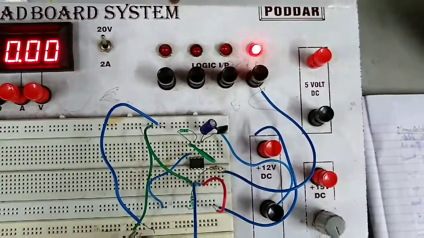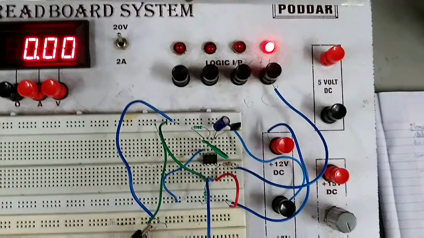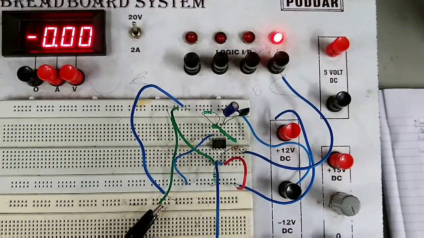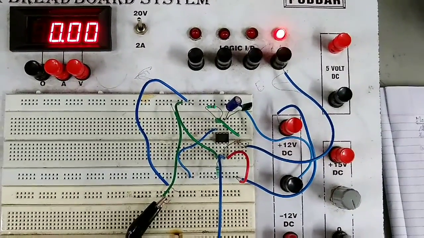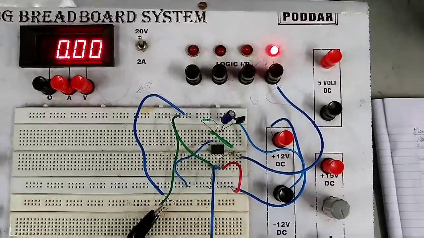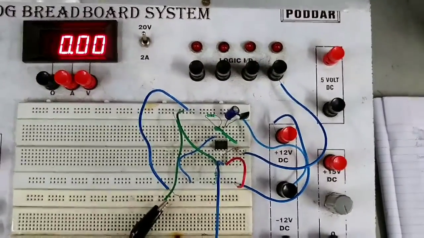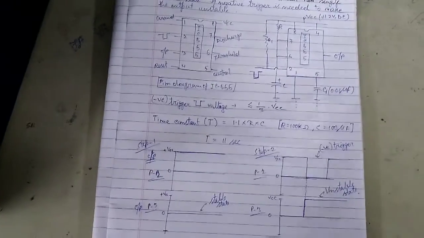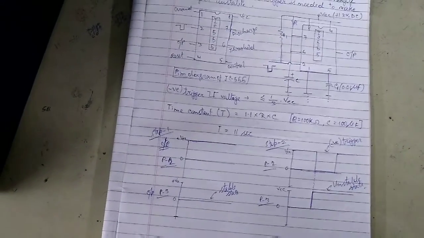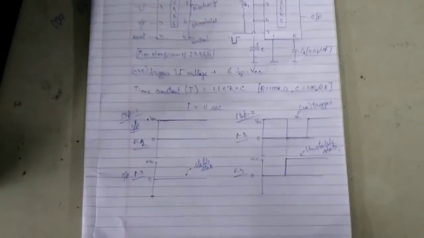See, this is triggered and off. Now you check using your stopwatch how long the LED is glowing, how long the circuit remains in its unstable condition.